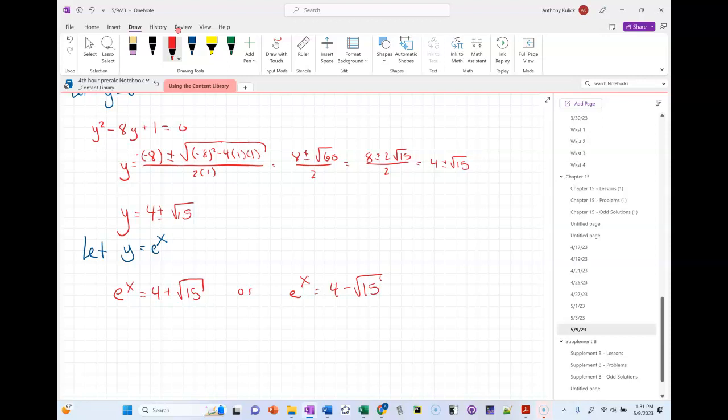So the last thing I have to do is to cancel out that exponent base of e to get the x by itself. To do that, what would I use to cancel out that exponent base of e? Good, the natural log, exactly right. So I'll do the natural log of both sides.